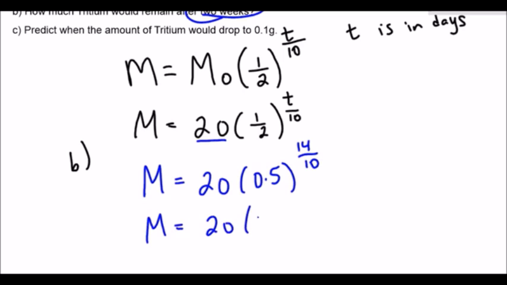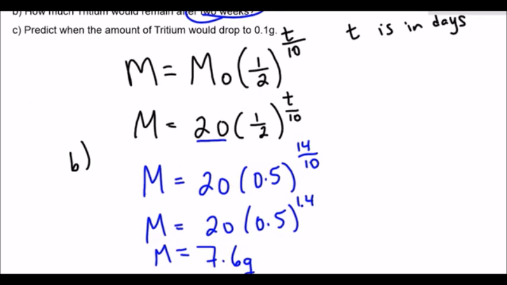So making sure that we use order of operations properly, 14 divided by 10 is 1.4. So in my calculator, I'll do 0.5 to the exponent 1.4, and then multiply that by 20, and I'll get 7.6 grams.